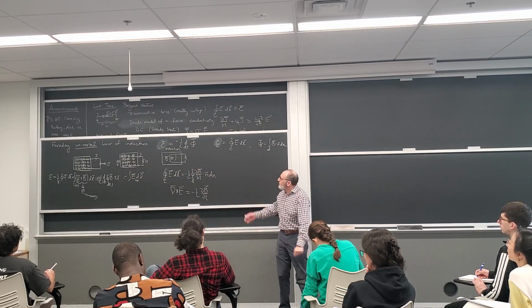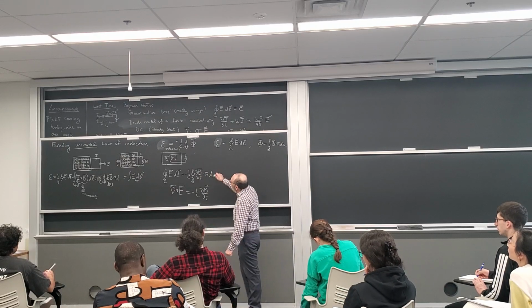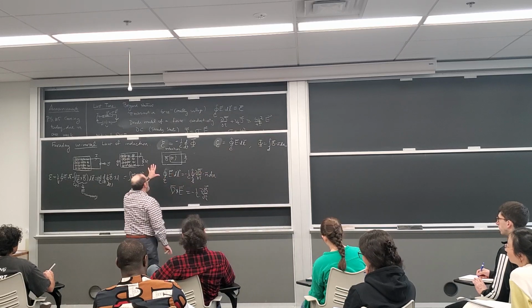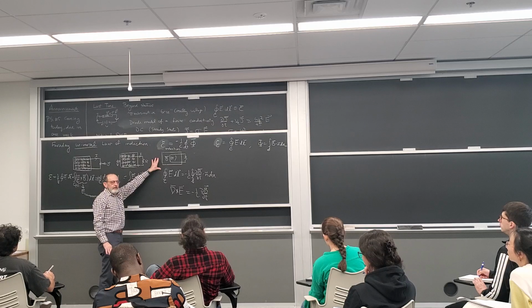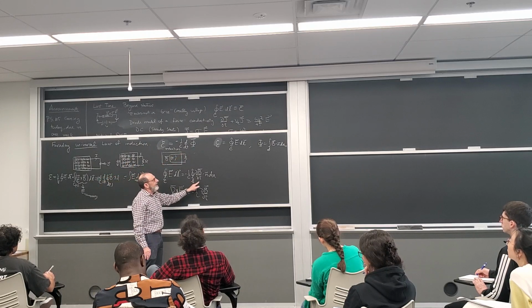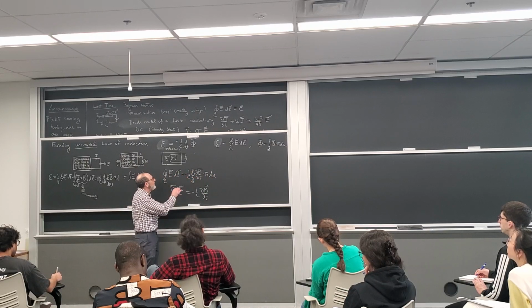And all that matters is what the changing flux is. And what this tells us is that if everything is in the same reference frame as this is, I can bring that derivative inside the integral, and the only thing that changes is the magnetic field.